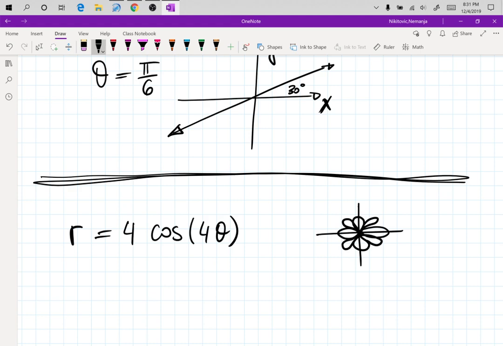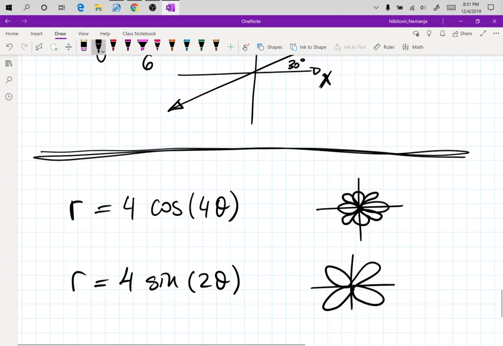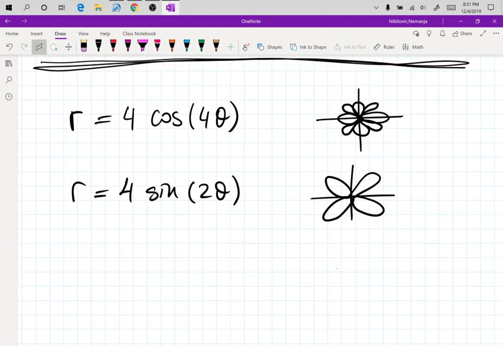Now, if we go back to, let's say, r equals 4 sine 2 theta, and we said that's going to be a sideways flower like this. Once I have this sideways flower, what do I have? I have area to color. That means I should be integrating this to find the area of each petal.